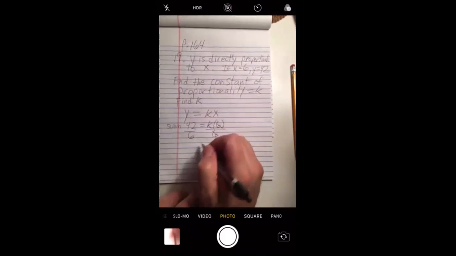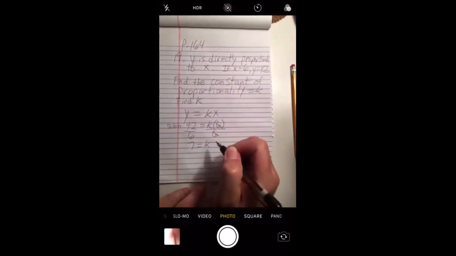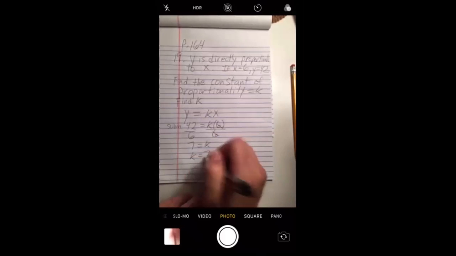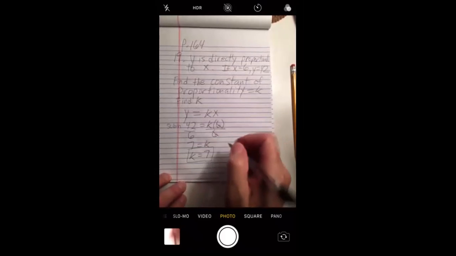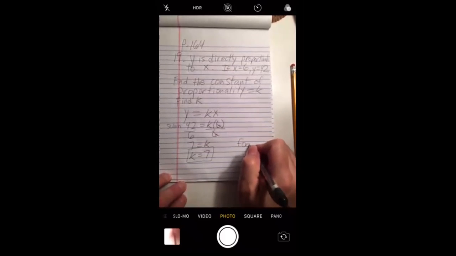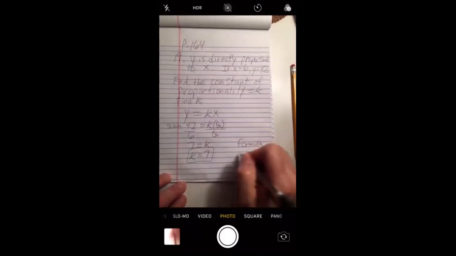Cancel the 6's, 7 equals K. Or you could say K equals 7. That's really all they ask for. Sometimes they want you to find the formula, but they're really not asking you to do that. And it would be y equals 7x, but you don't really have to do that.